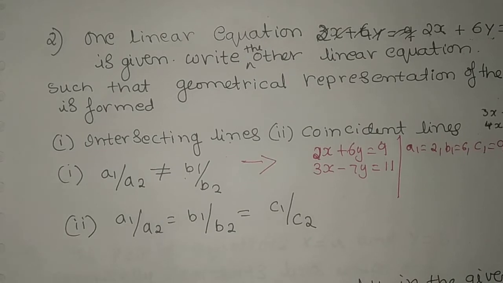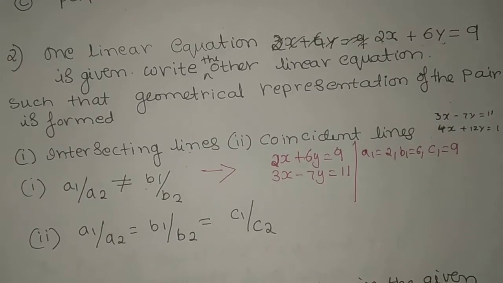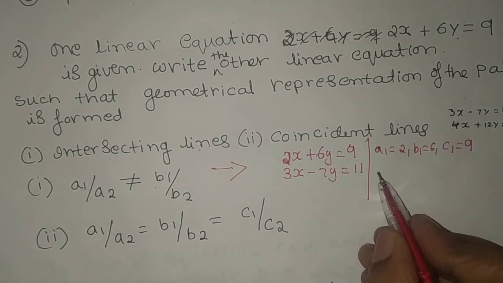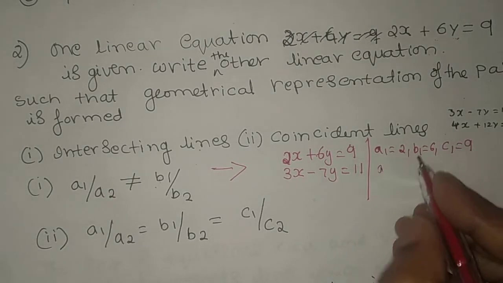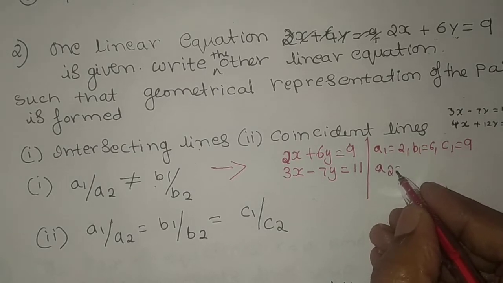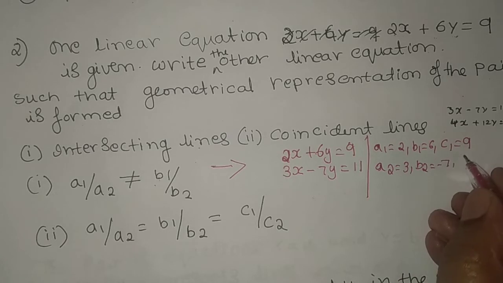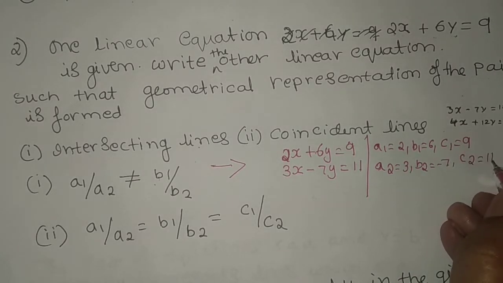In the second equation we have taken, A2 is 3, B2 is equal to minus 7 and C2 is equal to 11.